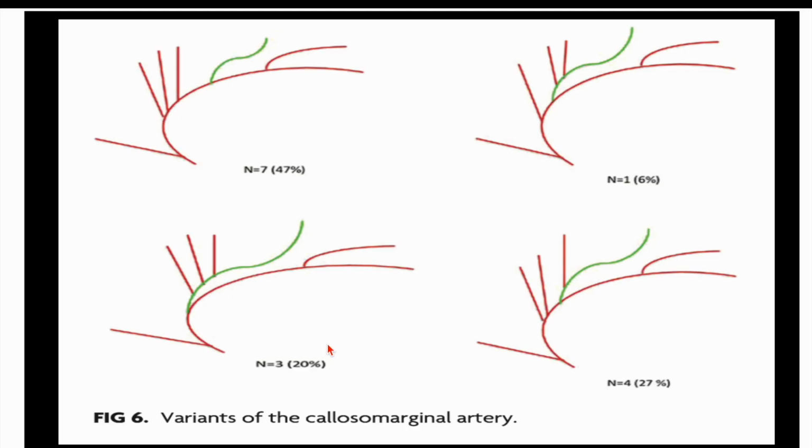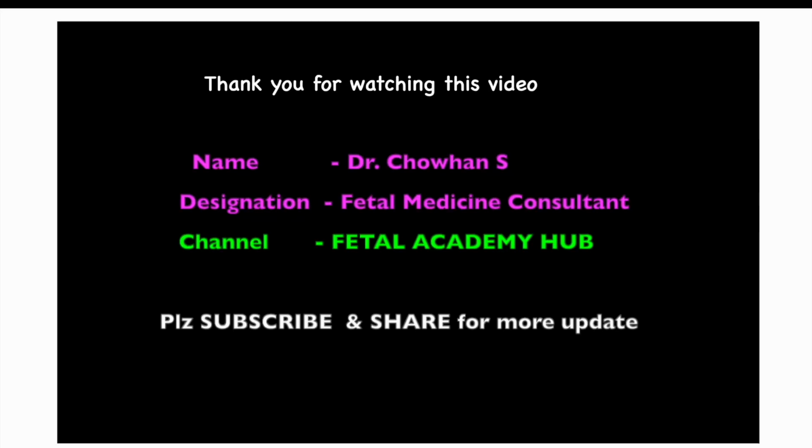A lot of variations of the branches of the callosal marginal artery are there. It is good that we should know a few of the common variations, and if you know the anatomy very clearly, we'll definitely have a better idea about what exactly we are seeing, what we should see in the first trimester, in the second trimester.